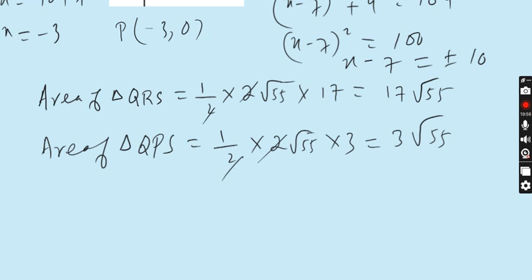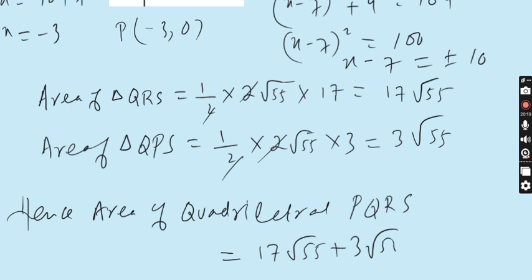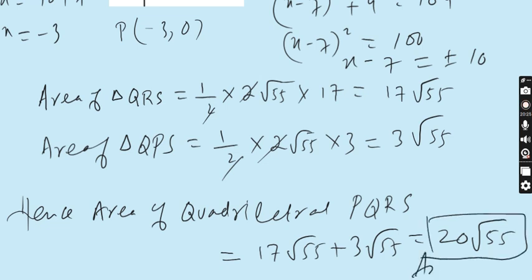Hence area of quadrilateral PQRS is equal to 17 root 55 plus 3 root 55, which is 20 root 55. This is our final answer of part C.